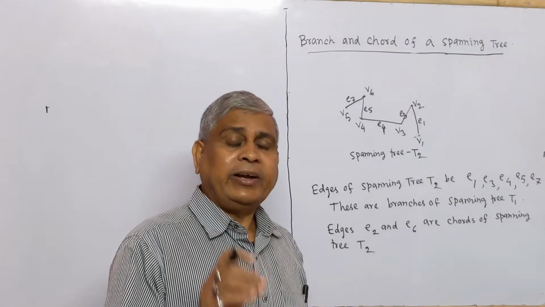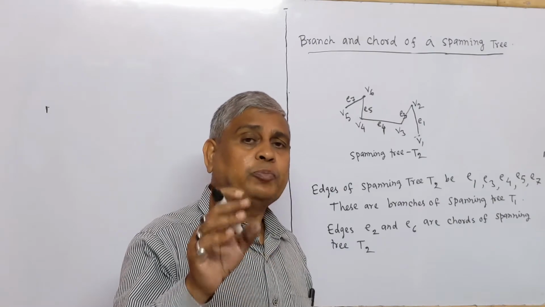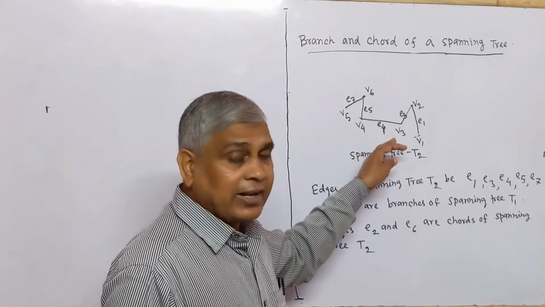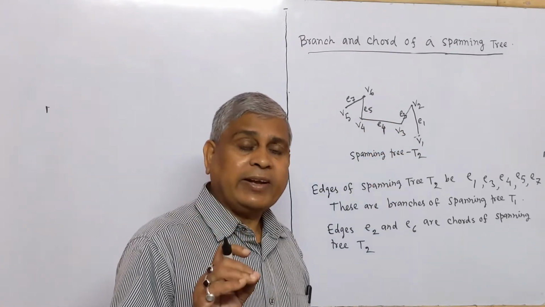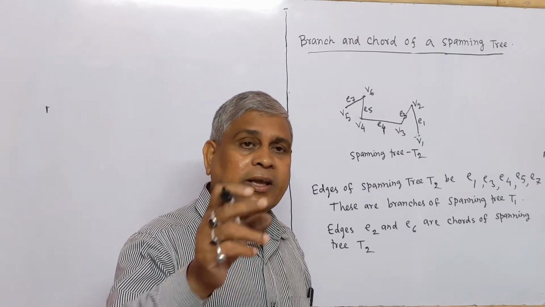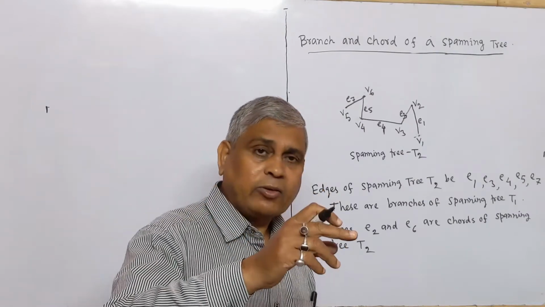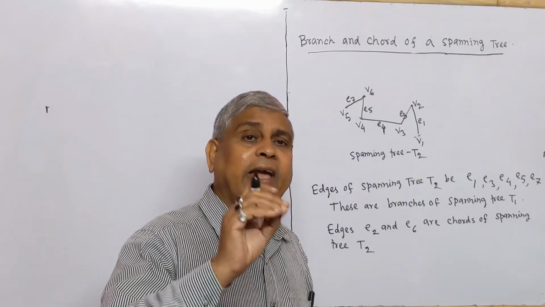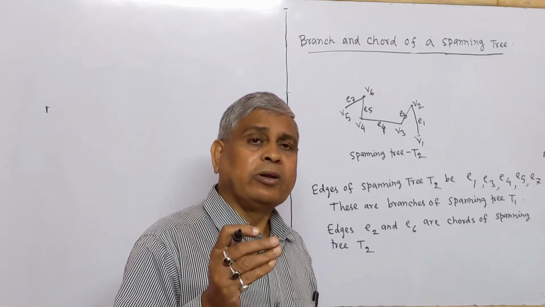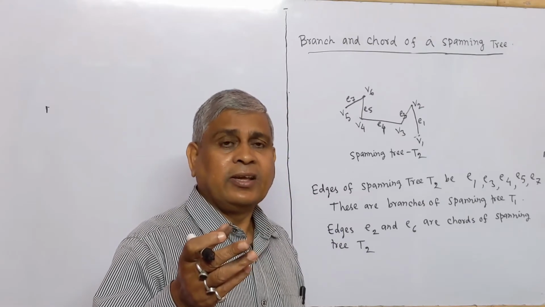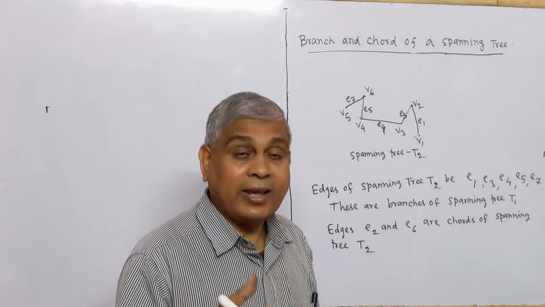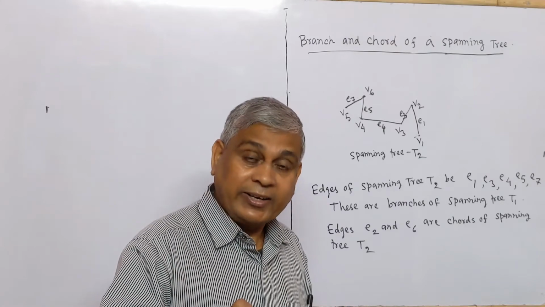As by deleting one edge from each circuit of the connected graph we get different spanning trees, because in a circuit we may delete any one of the edges. So if the first time we delete a certain edge from the circuit, in the second time we delete another edge, we get a new spanning tree.